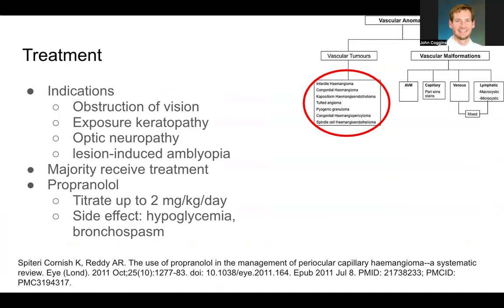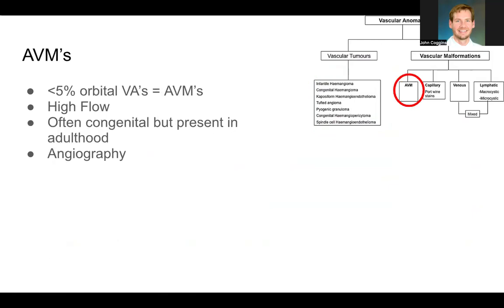Majority are going to receive treatment, as I mentioned. 43 to 60% could develop amblyopia without treatment. So propranolol is generally given and titrated up to 2 milligrams per kilogram per day. The main side effect is hypoglycemia. It's something that you have to be watching for, and bronchospasm. So you want to ask about asthma history.